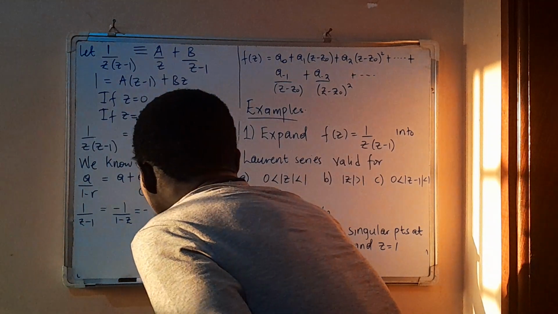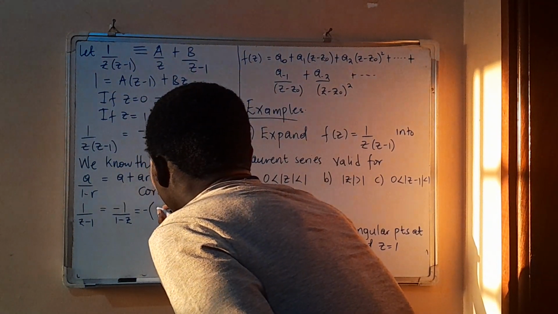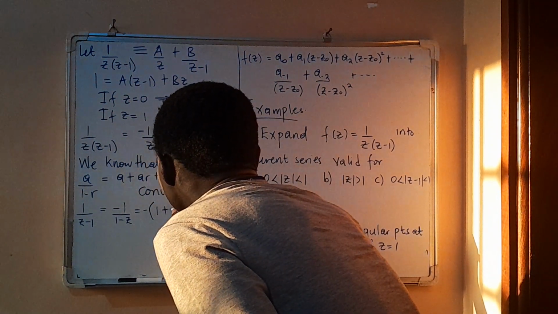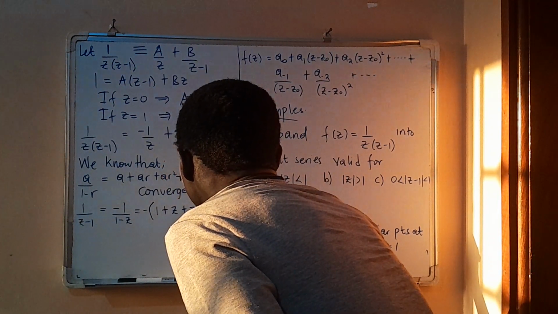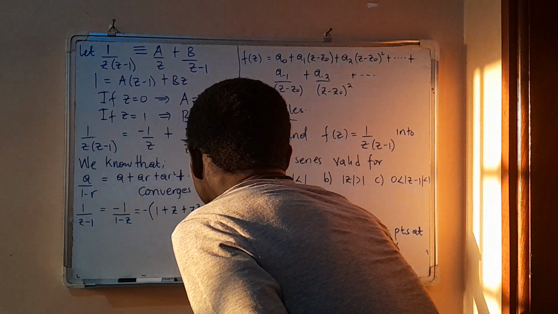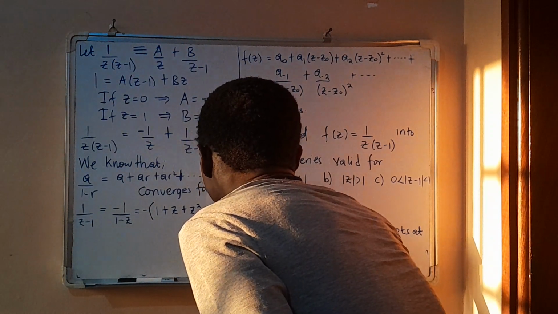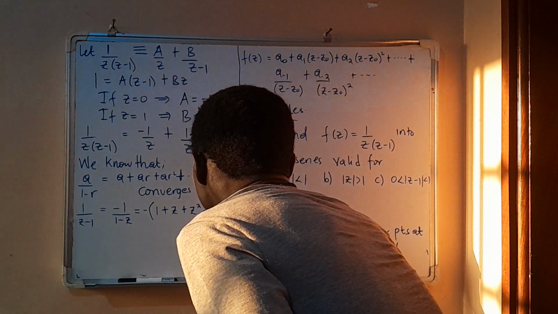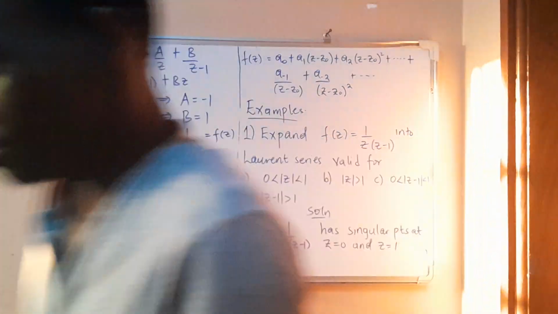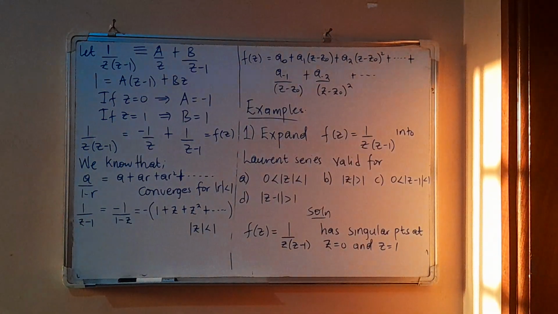So we shall have this equal to 1 plus z plus z squared plus. And this is valid for absolute z less than 1. It converges for absolute z less than 1.